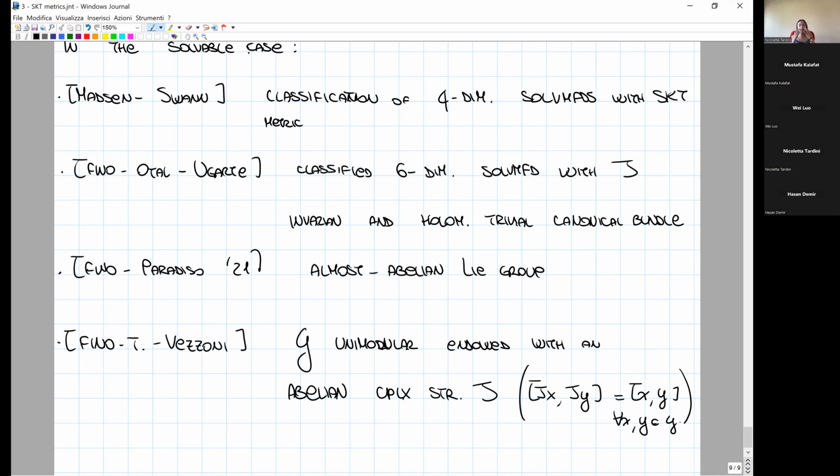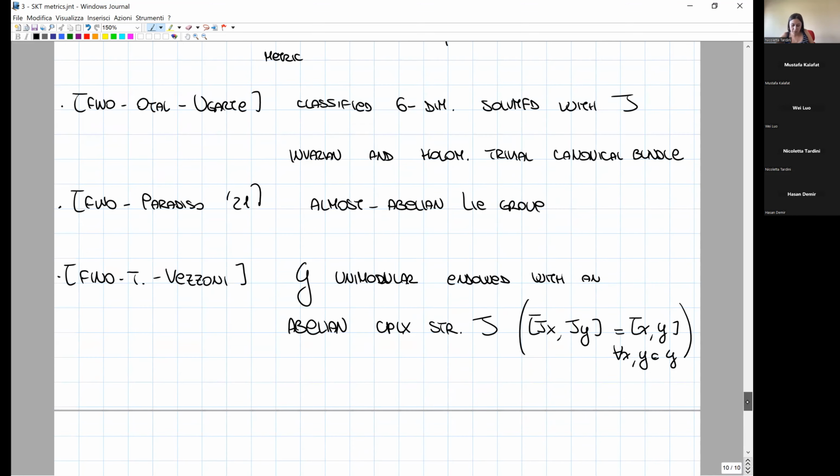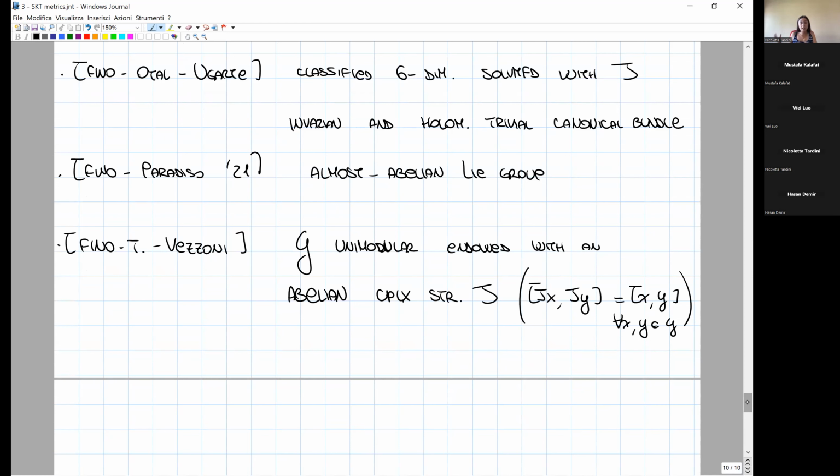This complex structure has been studied in relation to many special Hermitian metrics. In particular, we studied it in relation to SKT metrics. So suppose that we have a unimodular Lie algebra with an abelian complex structure and an SKT metric g. An abelian complex structure implies that G is in fact two-step solvable.